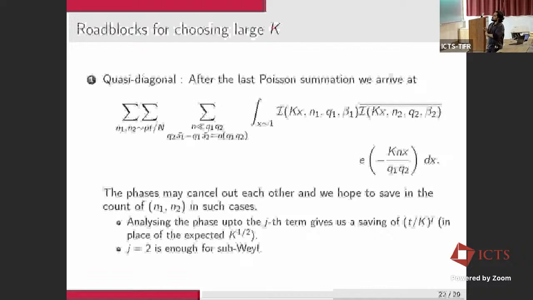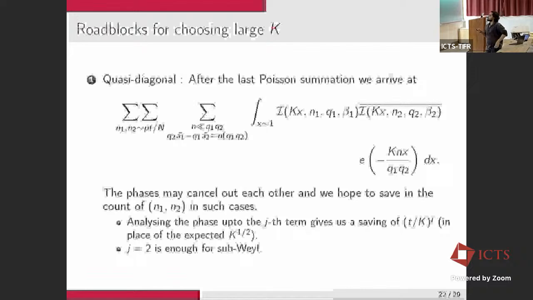Okay, so the problem is one usually expects square root cancellation from this integral, but it might happen that the phases cancel out each other, and in that case we just hope to save in the count of n1 and n2.